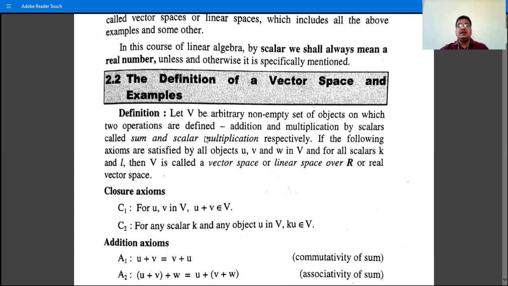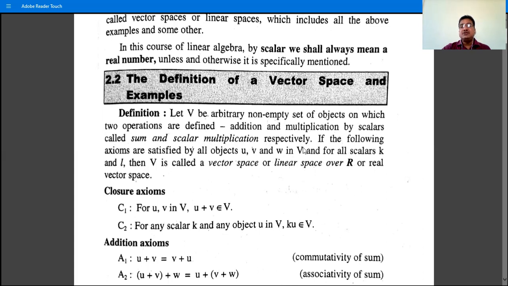So V is any non-empty set, and the two operations called sum and scalar multiplication are not the usual addition or usual multiplication. The definition of addition and multiplication is given in the example.